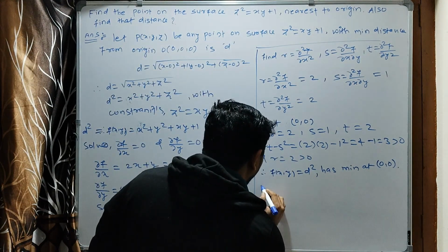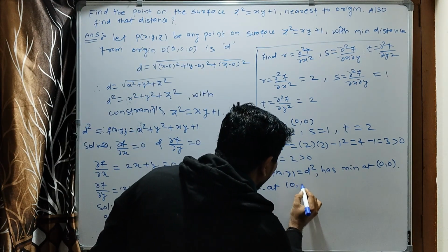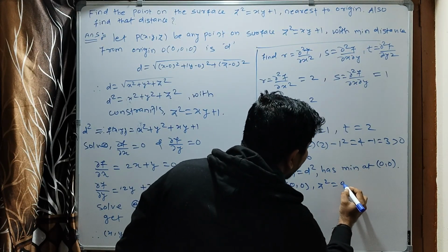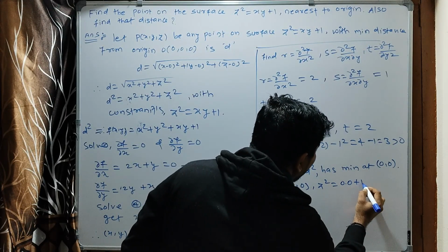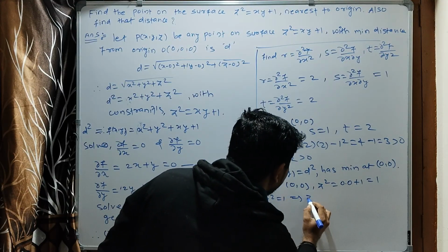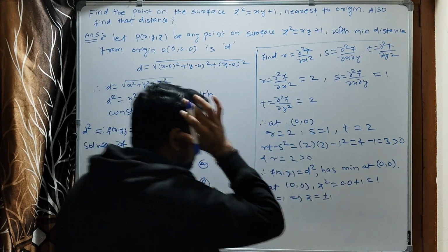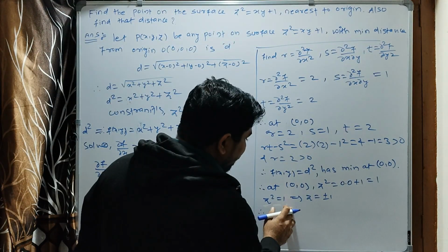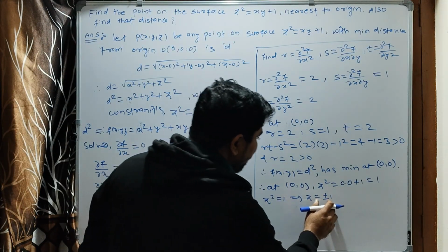Therefore at 0, 0, z square equal to 0 into 0 plus 1, which is equal to 1. Therefore z square equal to 1. This implies z equal to plus minus 1. So this is my third coordinate. Therefore d, where d means distance, is minimum at x, y equal to 0, 0, and z equal to plus minus 1.